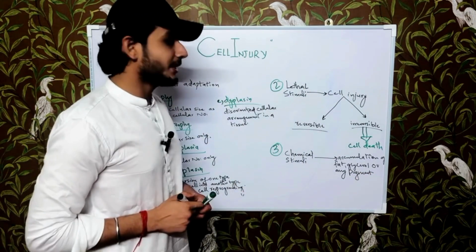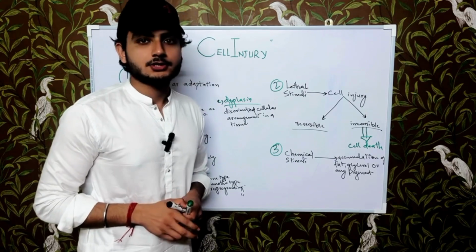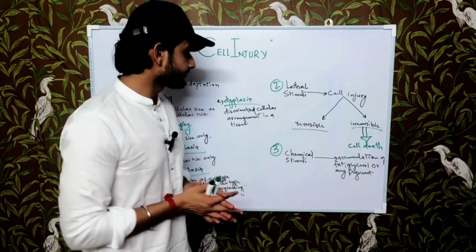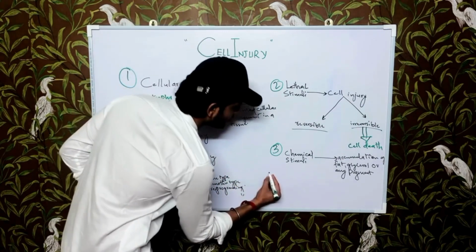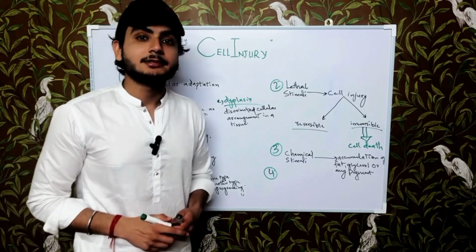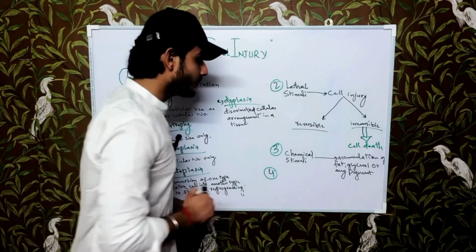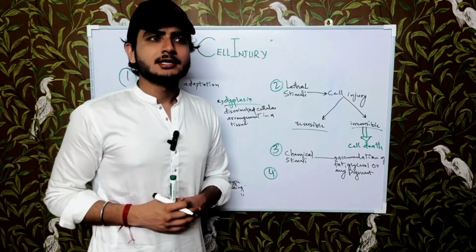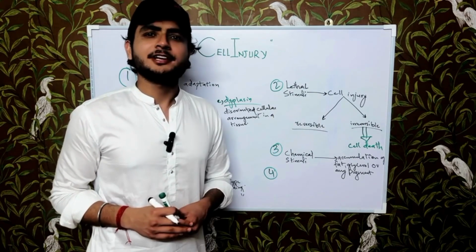so till now we have studied three responses of the cell due to any stimuli. Now coming to the fourth one: what should be the response of the cell due to any sublethal stimulus? What does sublethal stimulus mean? Sublethal stimulus includes free radical injury.